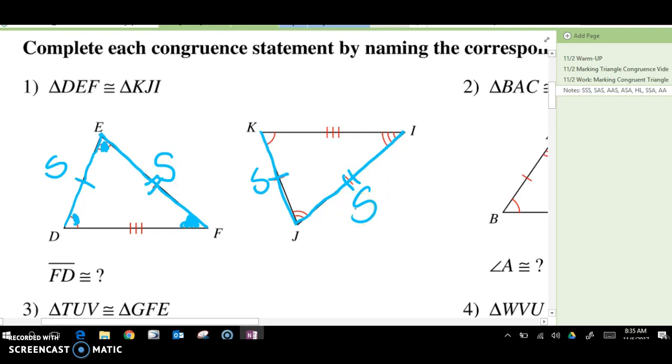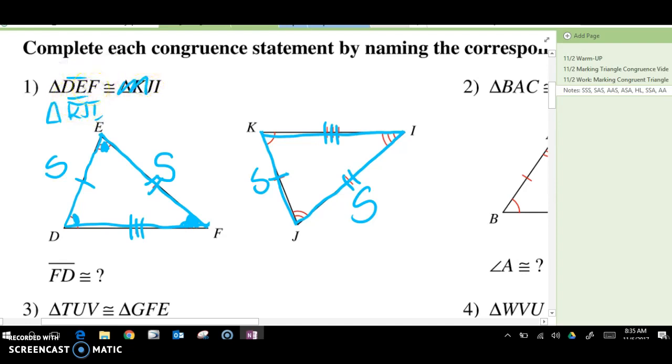Yes. Okay, let's look at DF. DF is congruent to KI. Now this one was a little easier because it gave you the tick marks. But remember, you can always stack these on top of each other to find out your congruence, right?